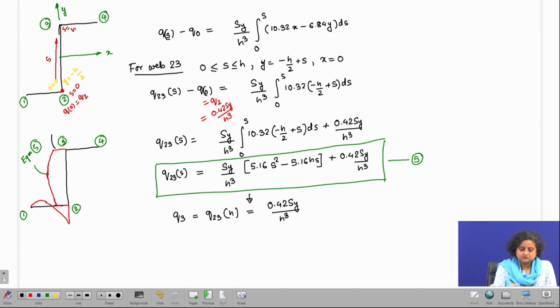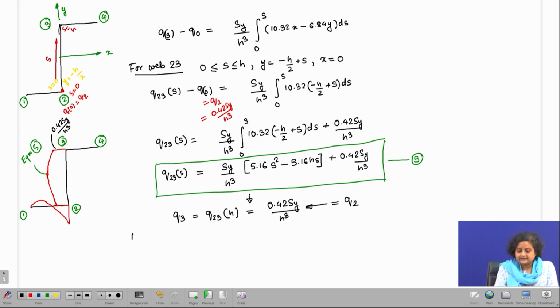So, this also is 0.42 SY by H cube, which is correct because this has to be equal to Q2 because of the antisymmetry present in the cross section. Because the cross section is antisymmetric, Q3 has to be equal to Q2, and that has been proved from the solution of the problem as well.